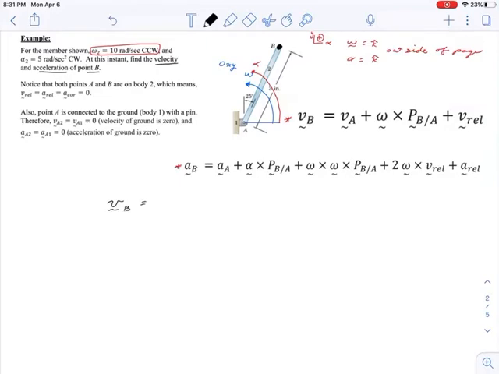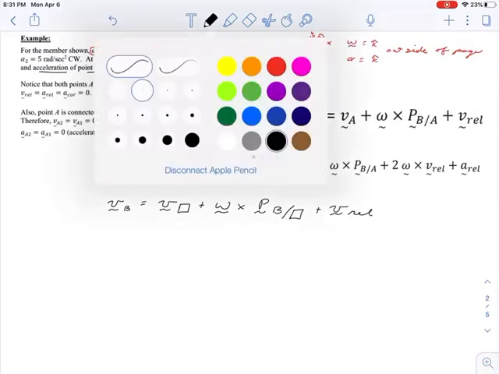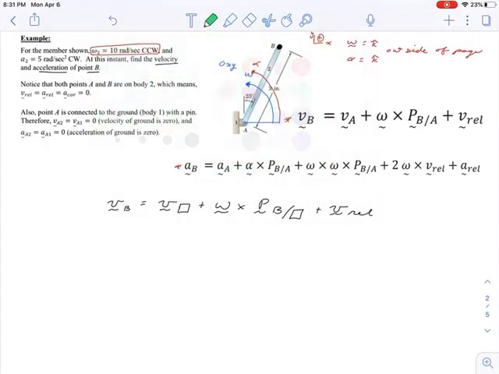Okay, so we're going to start with the velocity equation. VB is equal to V of some point plus angular velocity cross the position of B relative to some point plus the relative velocity. And how do we choose that point?